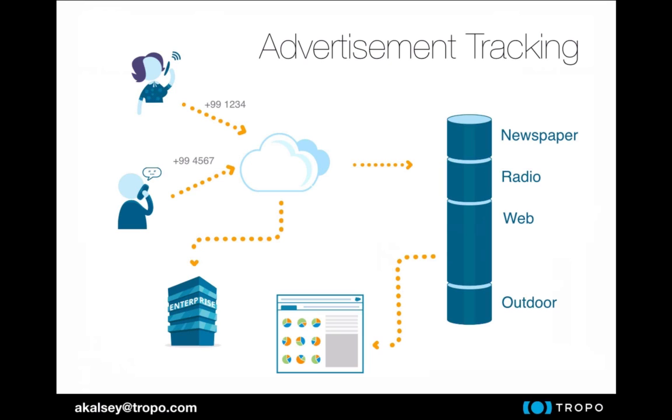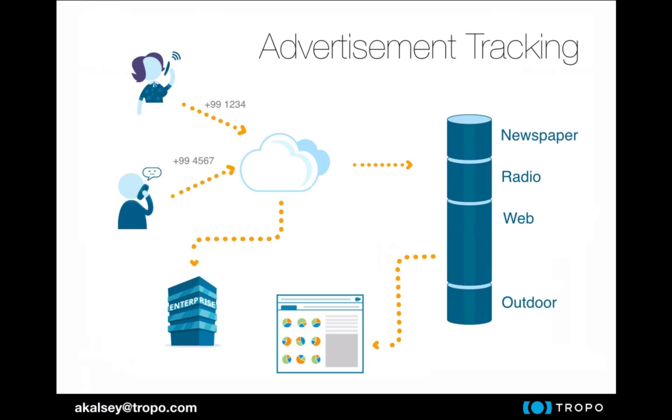How do you know which one of those ads was actually effective? So what this system allows people to do is use a separate phone number, a unique phone number per channel. Maybe I'd use one phone number for all of my billboard advertising. I'd use another phone number for all of my radio advertising, or even use different phone numbers for different radio ads and do A/B testing among my radio ads.